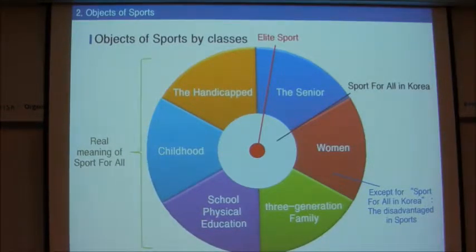Then it can be said that elite sport is just what healthy people do. Except for its field, it can be called the disadvantage in sports. To be the real meaning of sport for all, the disadvantaged in sports can participate in. Furthermore, the problem is not only appearing in Korea, but also in other countries.